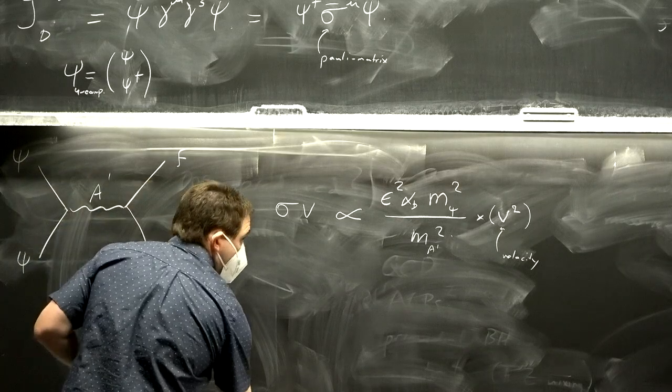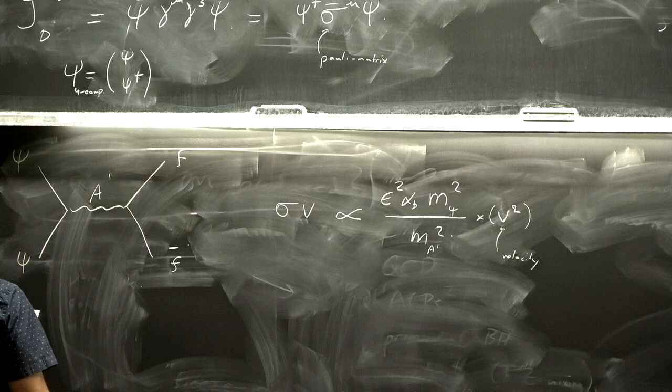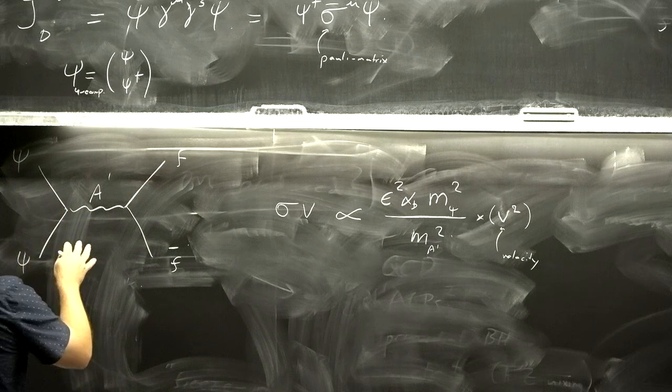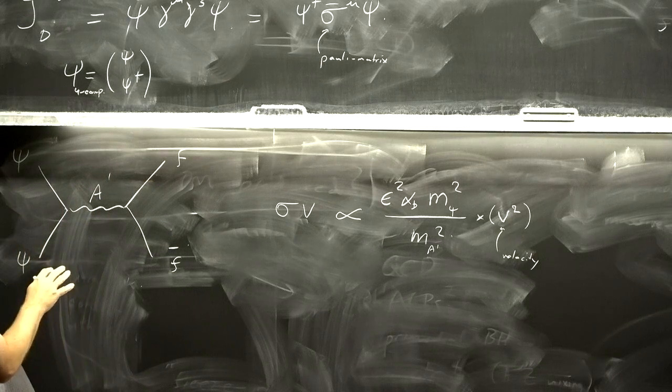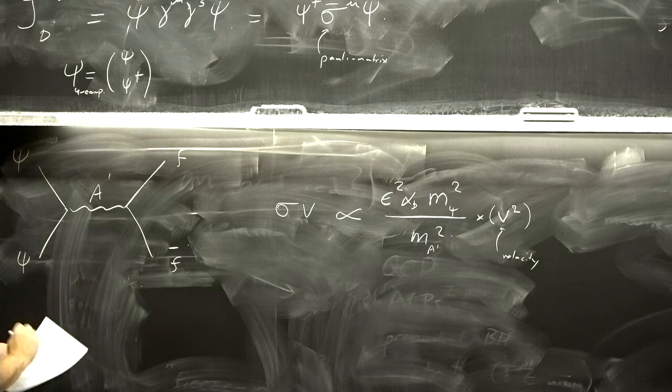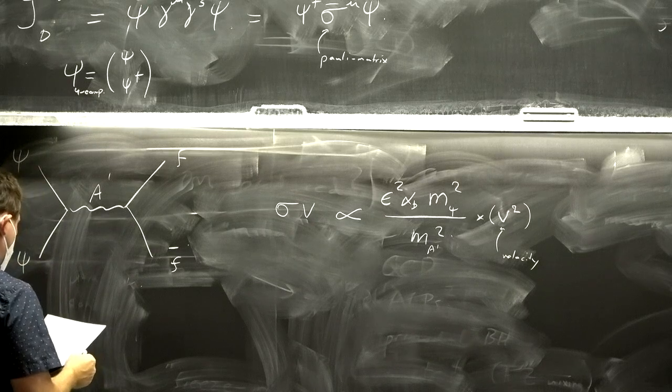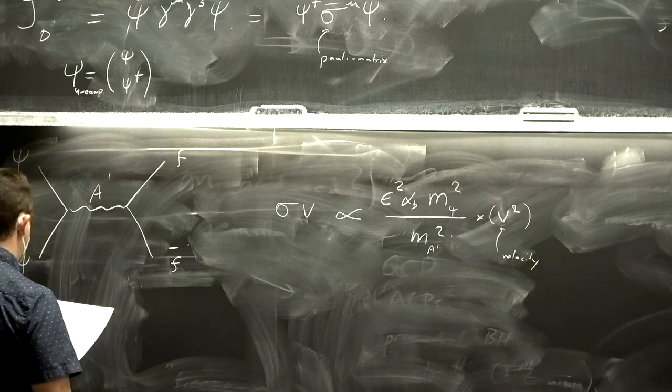What's typically done in these simple models, though, is in this case where the relic density is controlled in this very constrained way, there's a particular combination of parameters that are often shown.